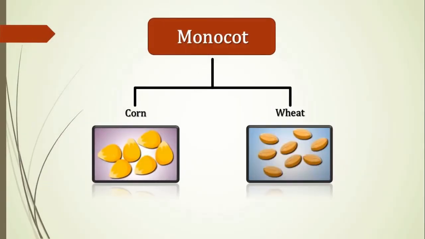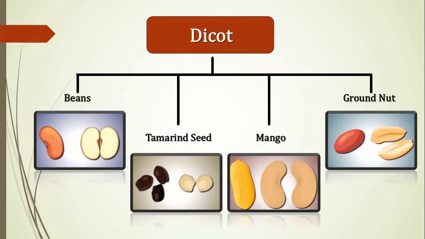So, corn and wheat are examples of monocot, and beans, tamarind seed, mango seed, coconut are examples of dicot.